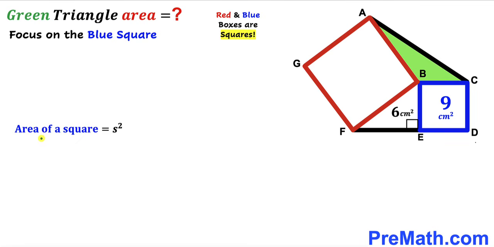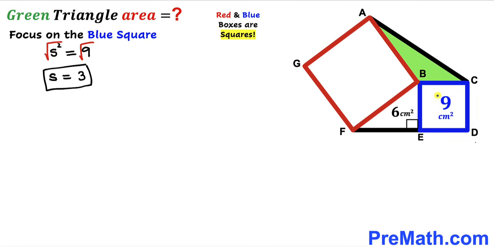Let's recall the area of a square formula: area is equal to S squared, where S represents the side length. So S squared equals 9. We undo the square by taking the square root on both sides, so the side length of the blue square is positive 3 cm, 3 across the board.